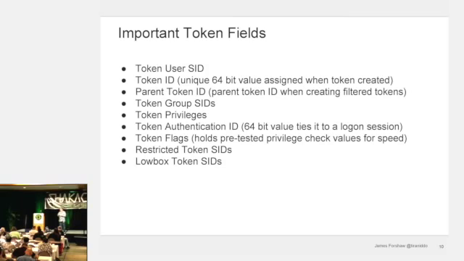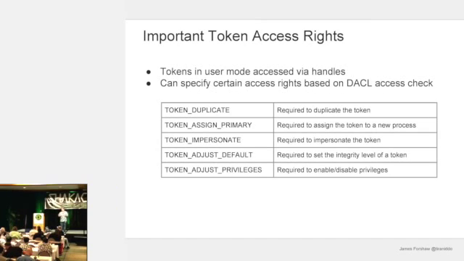And there are some very important rights you can get on that handle, which affect how you can interact with that token itself. So things like duplicate. One of the functions you can do is duplicate a token and create a new token from it, and you need a specific right on that handle to do that. Another one, assign primary, is for when you're trying to create a new process, or impersonate, which is about impersonation, which I'll also go into.